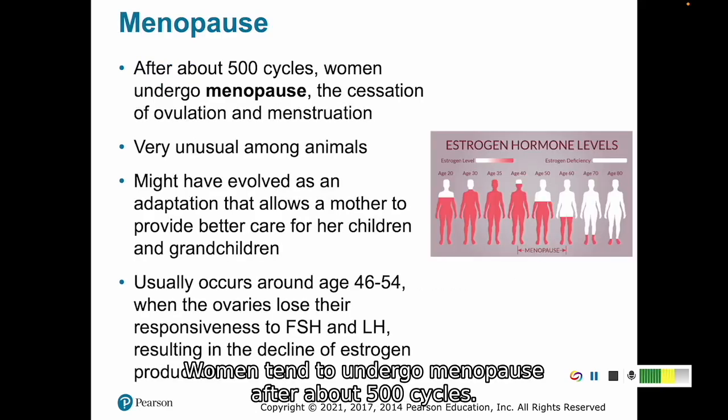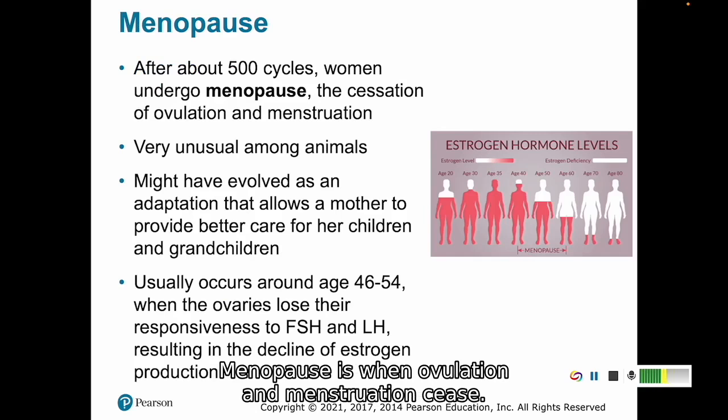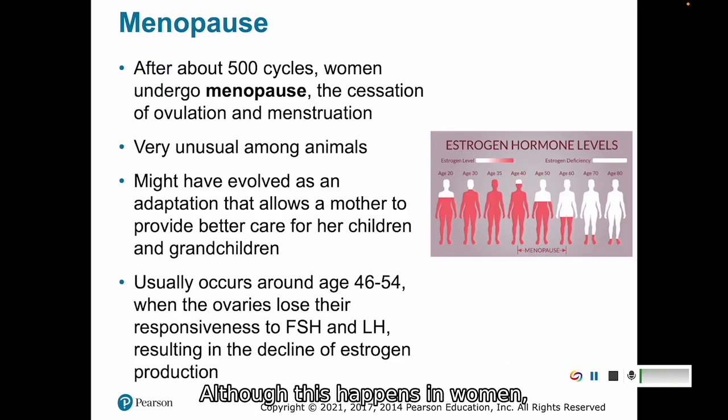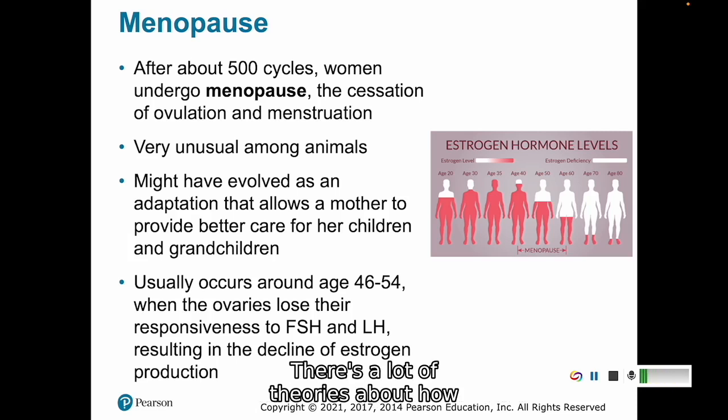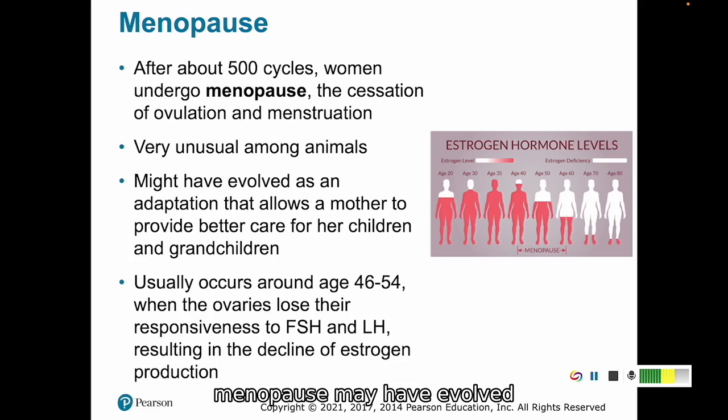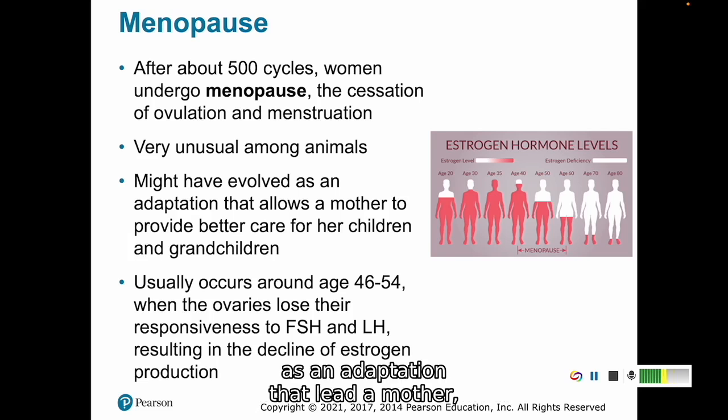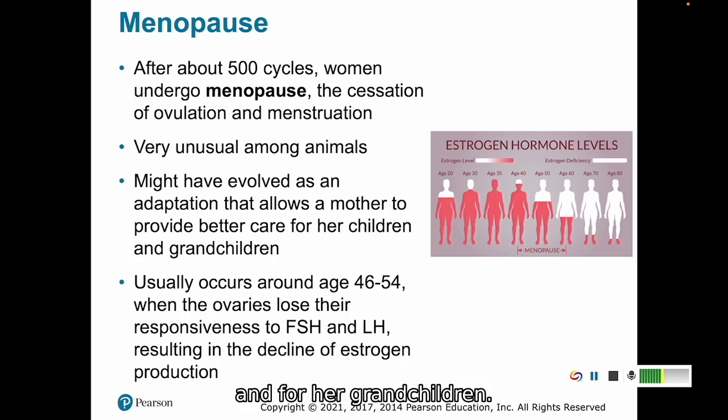Okay, women tend to undergo menopause after about 500 cycles. Menopause is when ovulation and menstruation cease. Although this happens in women, it's unusual among most members of the animal kingdom. There's a lot of theories about how it could have evolved. We don't know exactly, but, evolutionarily, menopause may have evolved as an adaptation that let a mother provide better care for her children and for her grandchildren.